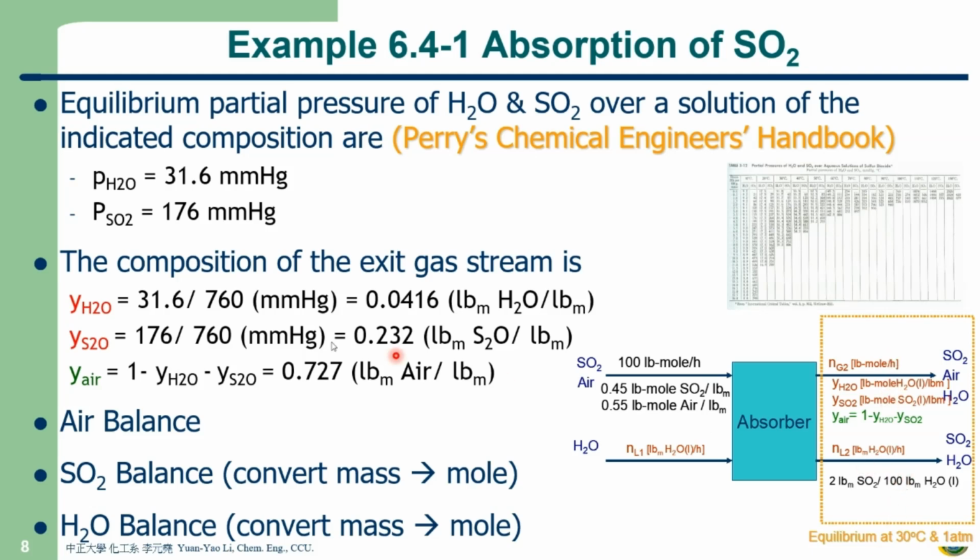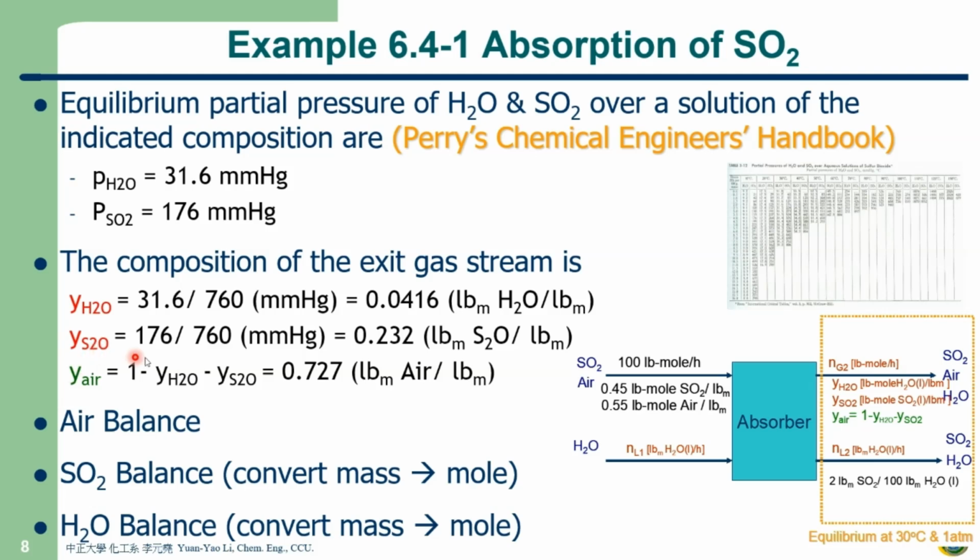The only key is that you have this table, which is what we call the specification. You can get the answers for Y air, Y H2O, and Y SO2. Sorry, this is SO2.